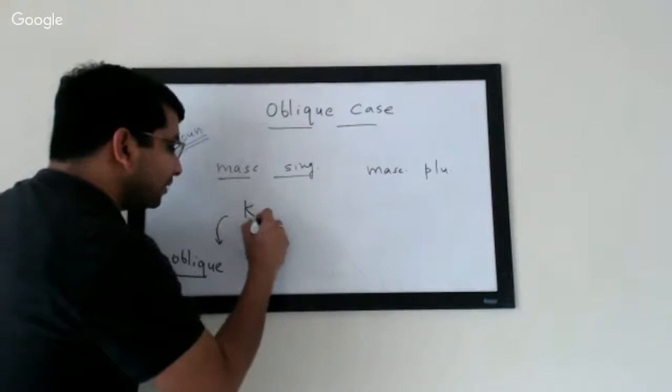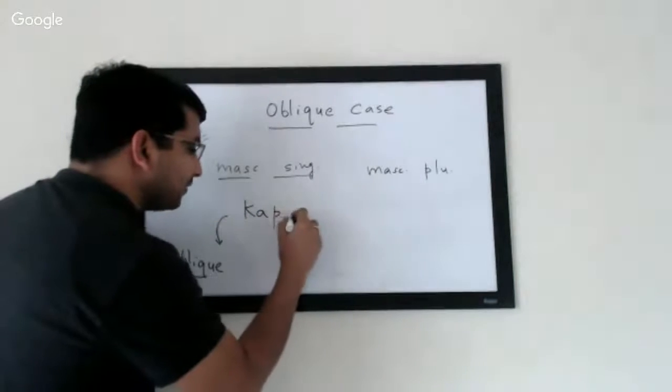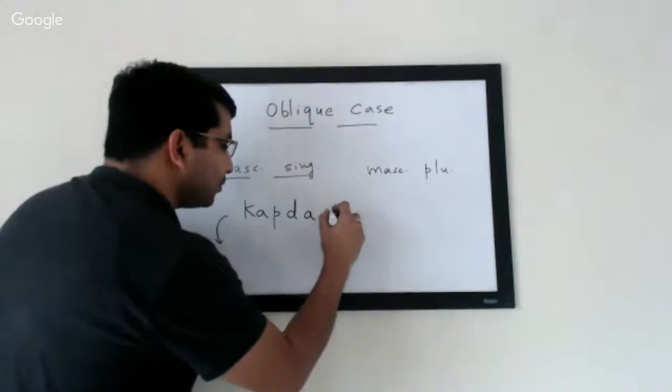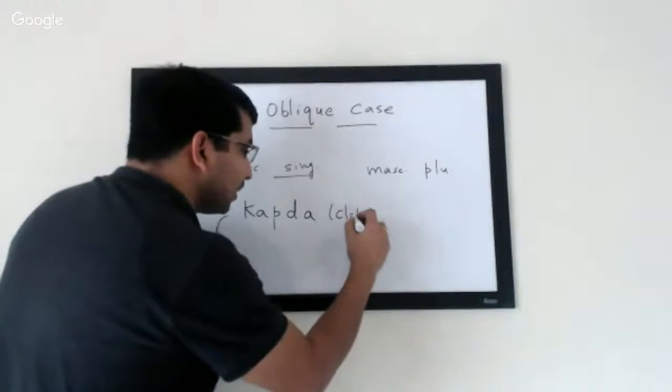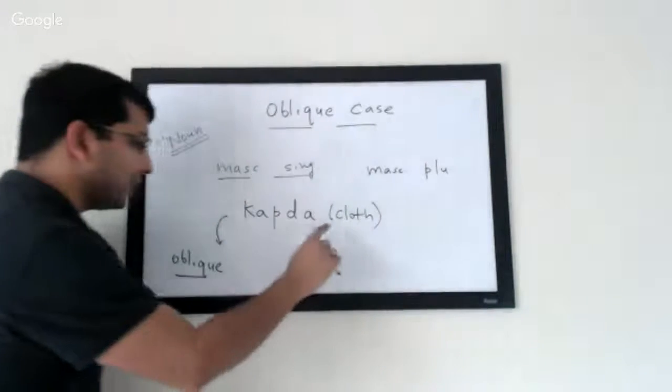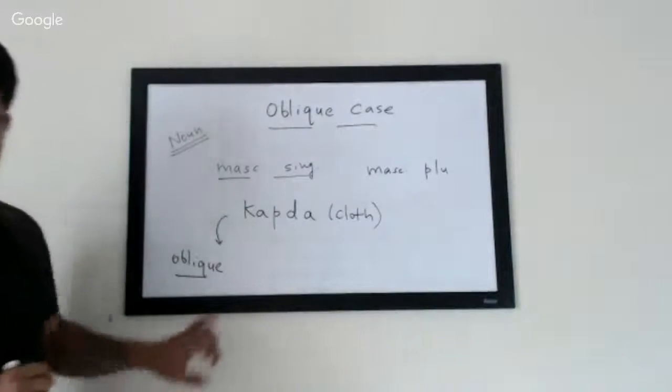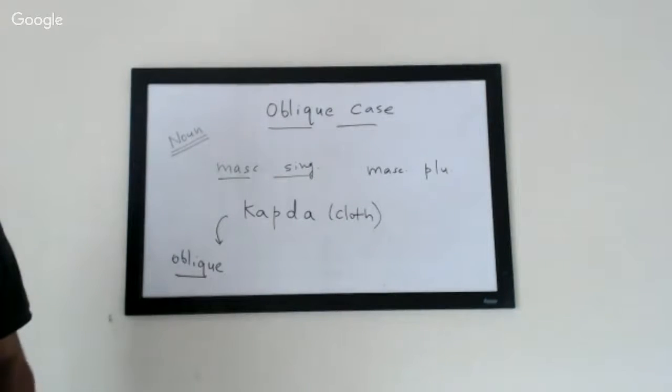Another noun, kapda, for example. Kapda is a cloth. So I want you to write the oblique case of kapda first. And you can follow the same pattern that we just used. Very good, right?